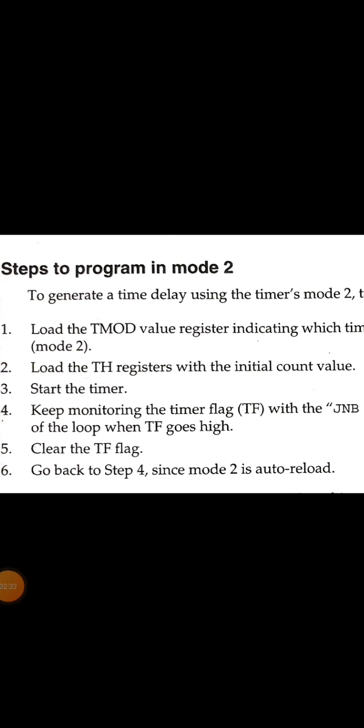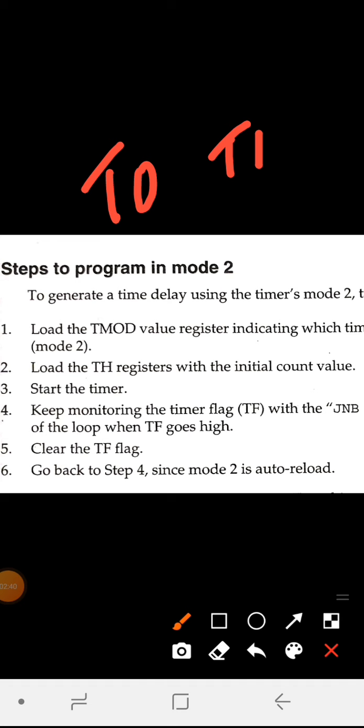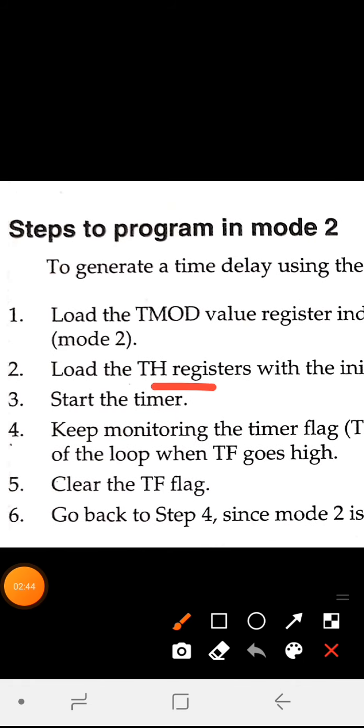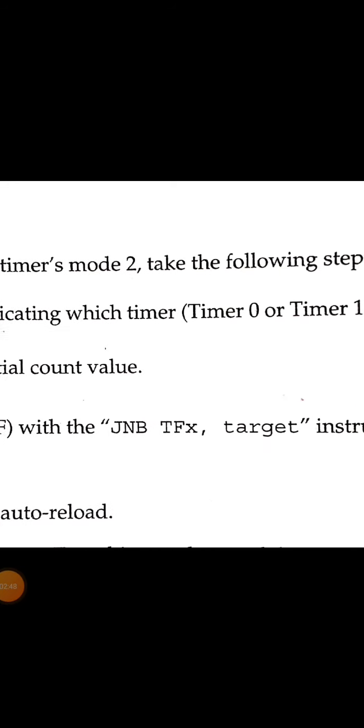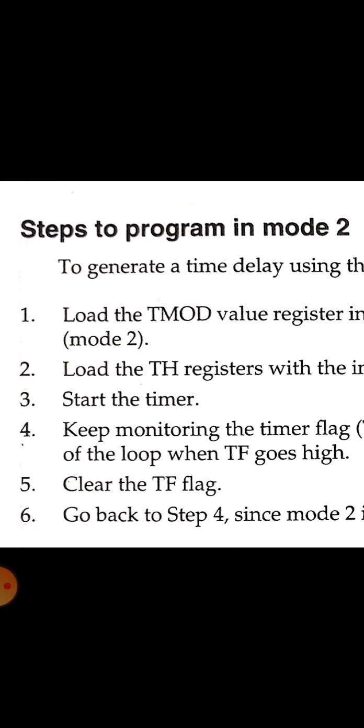First we load the TMOD value by indicating which timer we are using, whether timer 0 or timer 1. Then we load the initial value into TH, then start the timer and keep monitoring the status of the overflow flag. Once TF becomes 1, the reloading will happen.